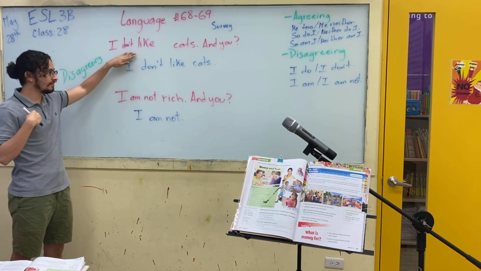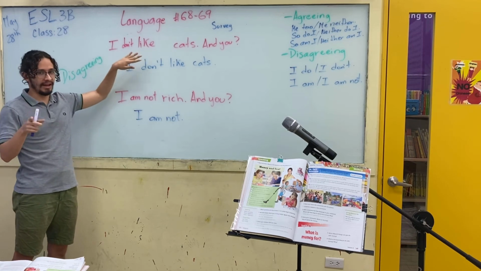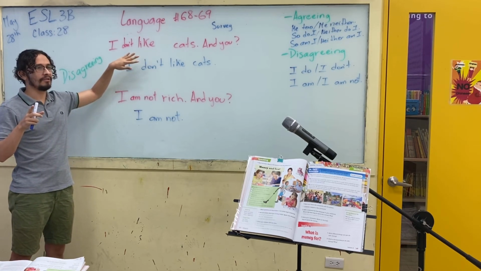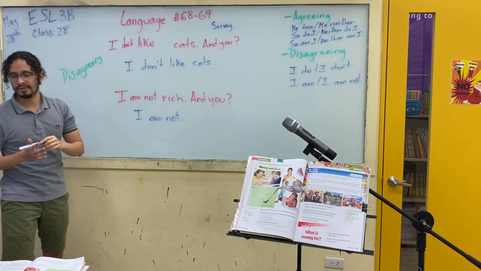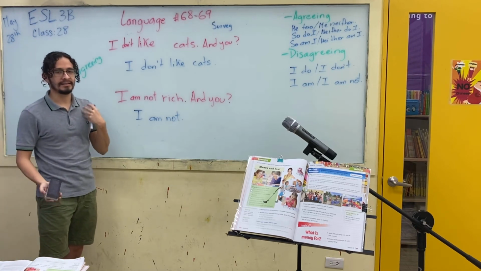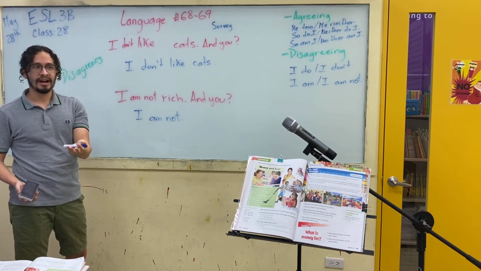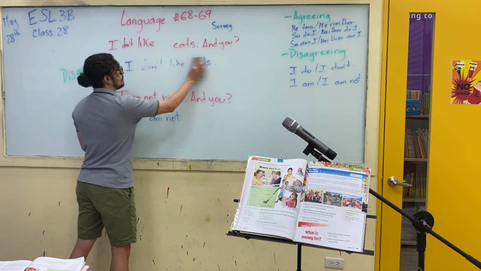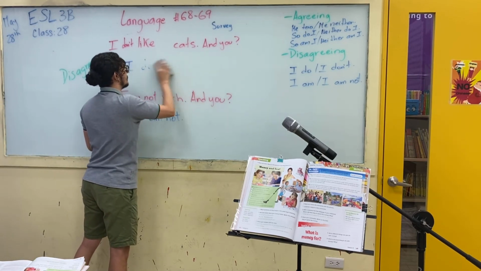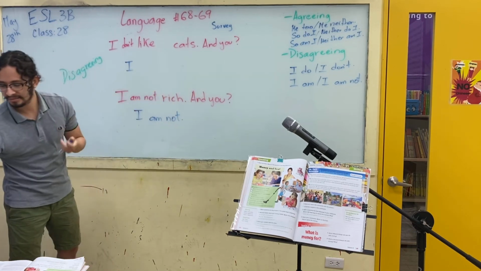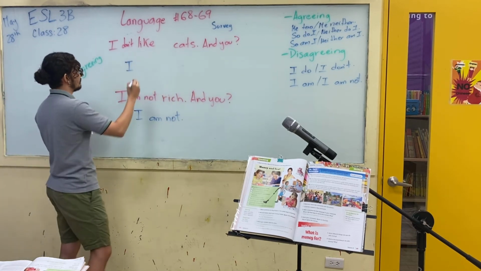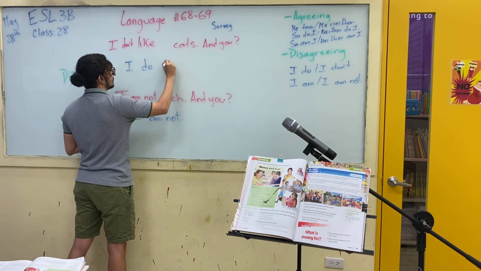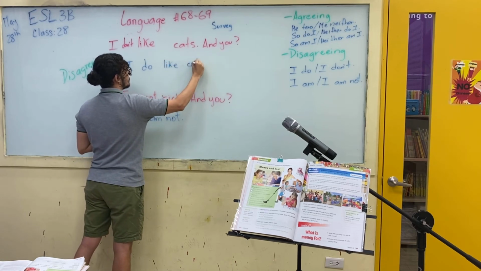So I don't like cats, but you like cats. So what can you say when I ask you, I don't like cats, and you? You can say, oh well, I do. I do like cats. So you answer the opposite of what I said, because we are disagreeing.